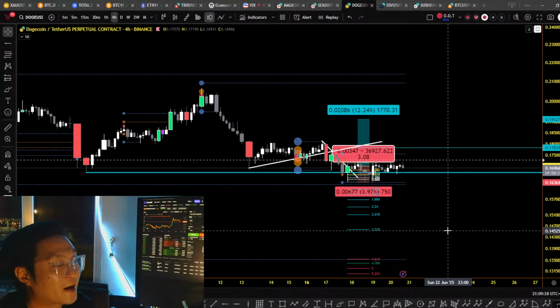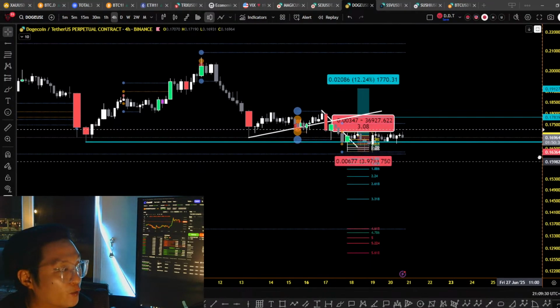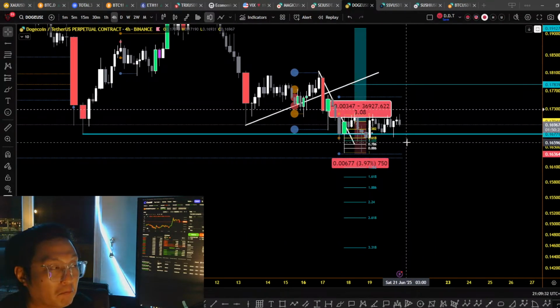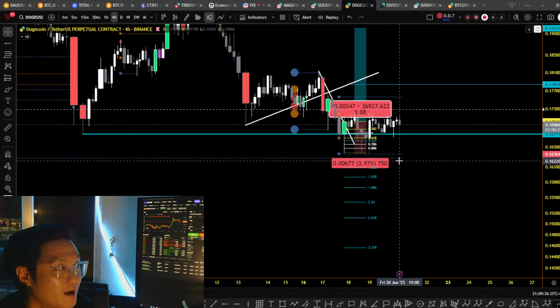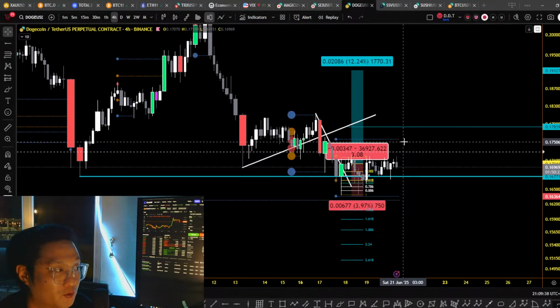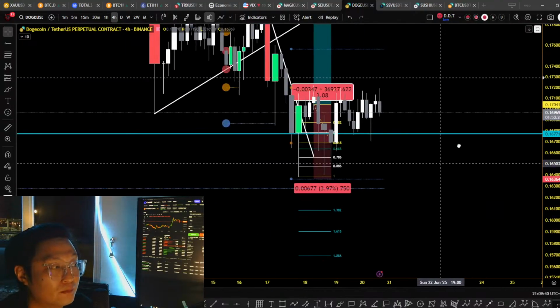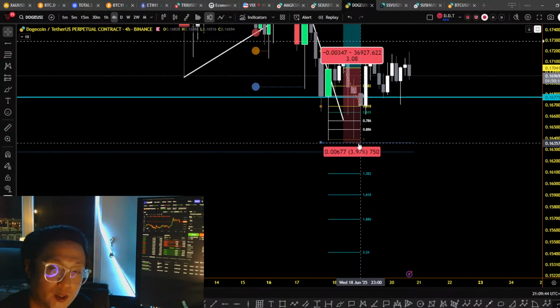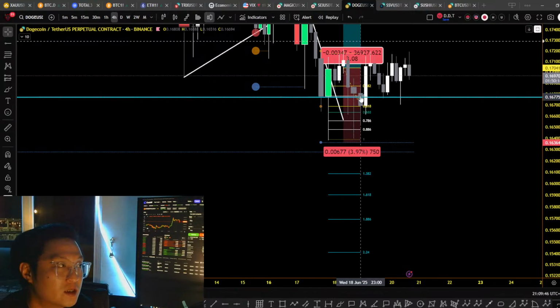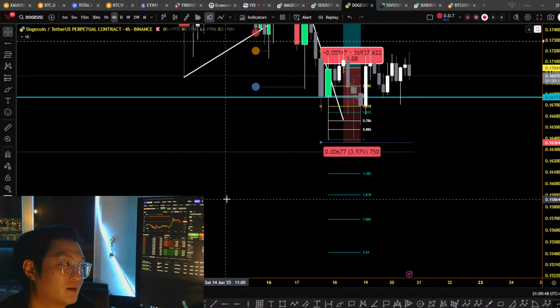Remember, the market always moves toward liquidity. Maybe you can aim for this liquidity, but we've got this one too. If the market wants to take this liquidity, it's not gonna be a false break, guys.